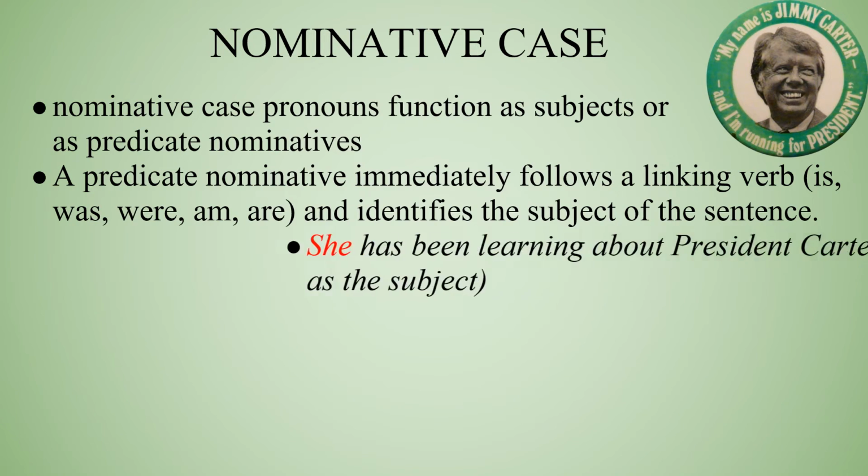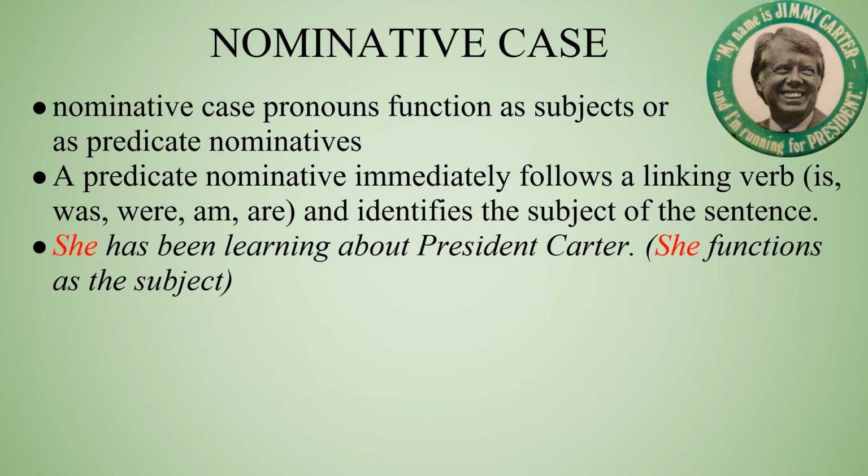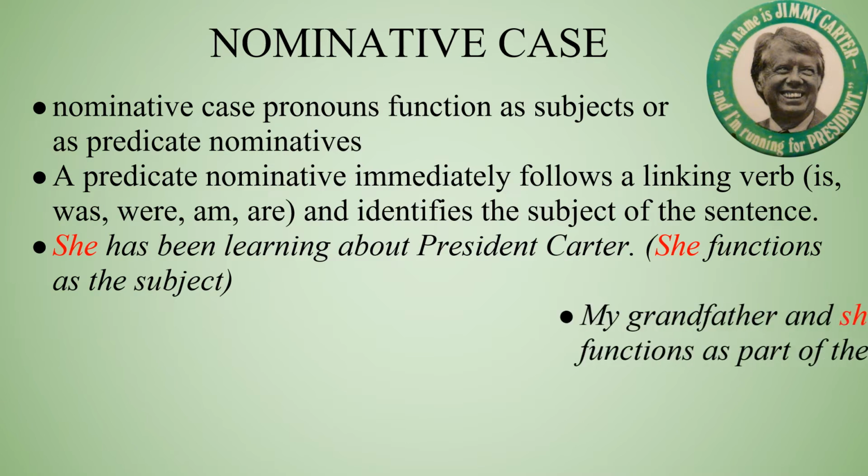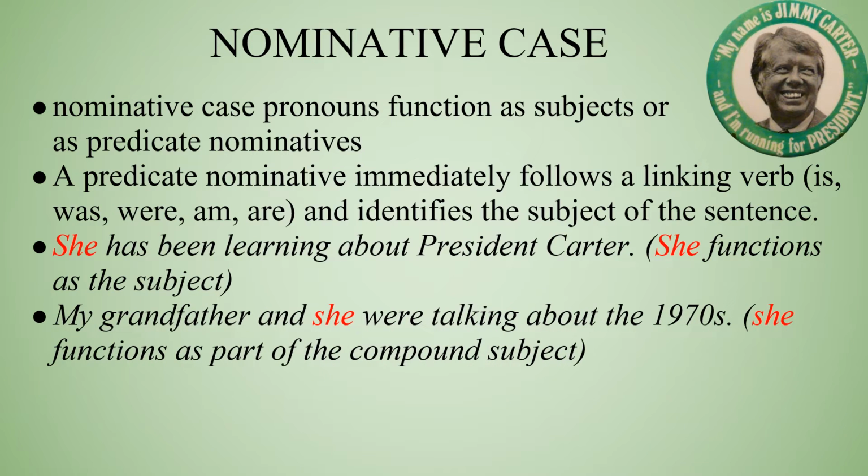In our first example, she has been learning about President Carter. The pronoun she is a nominative case pronoun functioning as the subject of the sentence. In our second example, my grandfather and she were talking about the 1970s. She is again functioning as part of a compound subject for this sentence.